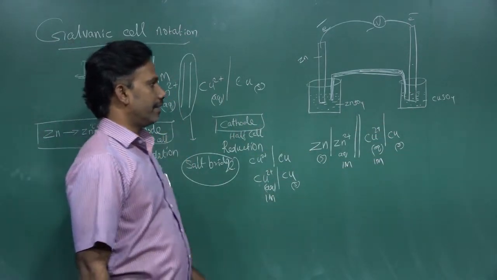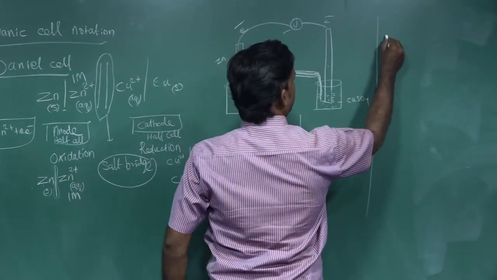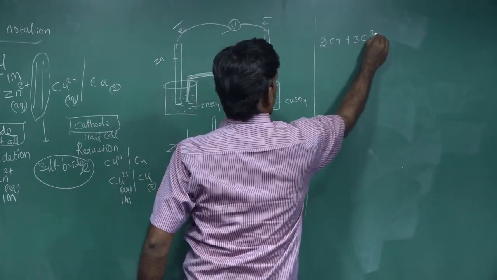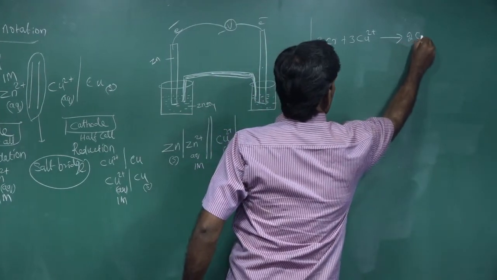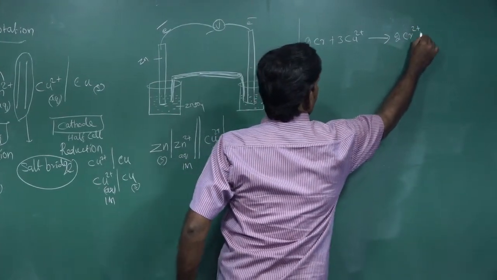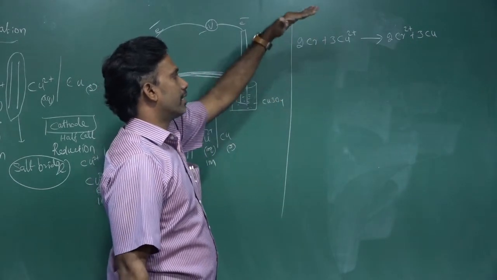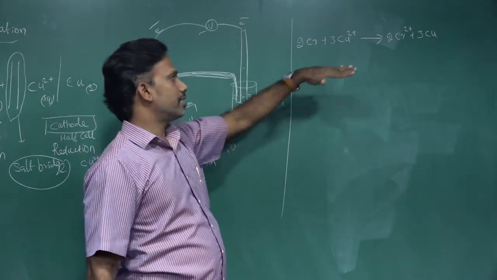For example, we can take one more example here. Take chromium: 2Cr + 3Cu2+ gives 2Cr3+ + 3Cu. This is the cell reaction, not the cell notation. There is a difference between the cell reaction and the cell notation. This is the overall cell reaction.